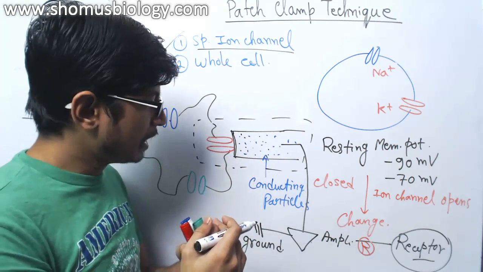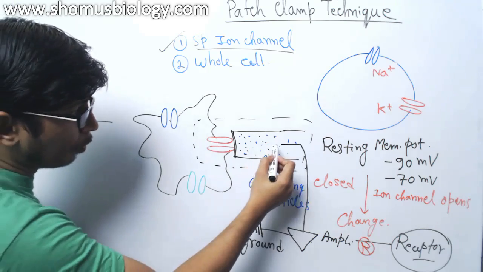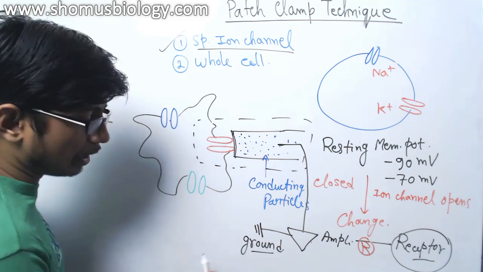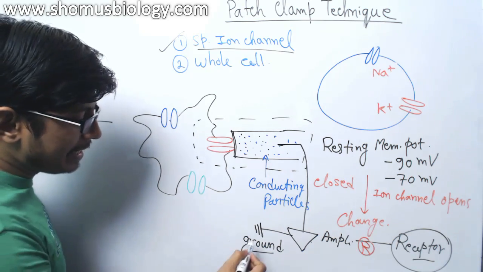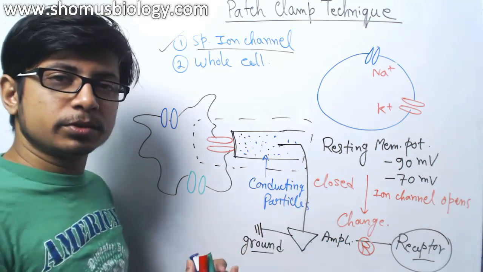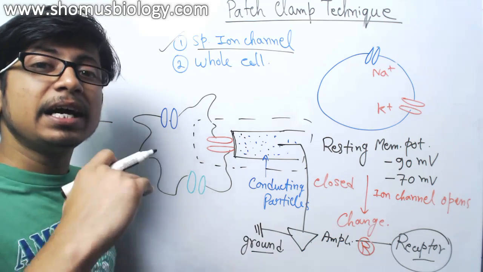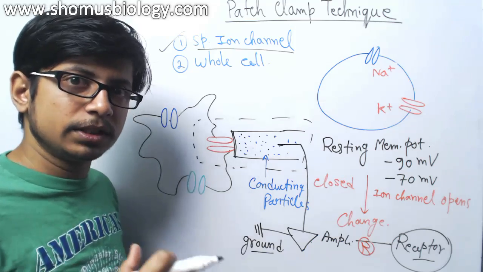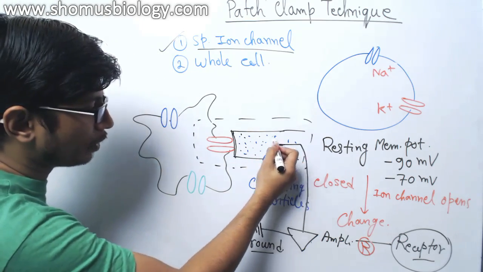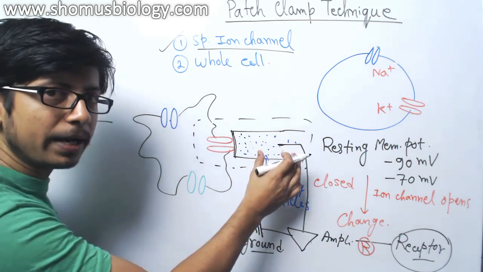Now the question is, one electrode is embedded in the pipette, the other one is embedded in the ground. Why so? Once the other electrode is embedded in the ground, the two electrodes are going to give us the idea about the zero level for the current. Because if we simply measure the current inside the pipette, that will vary.